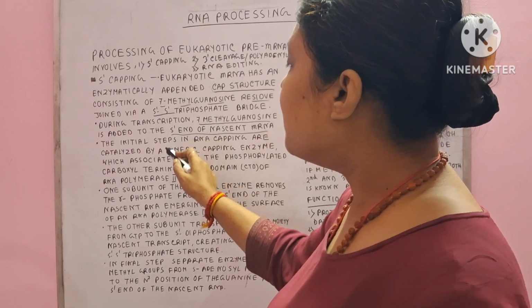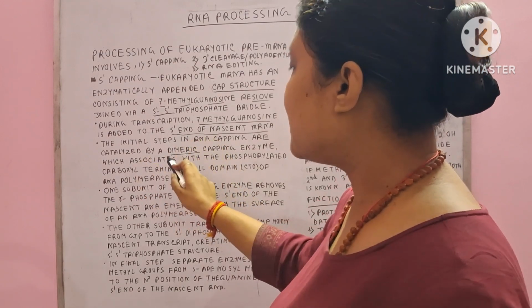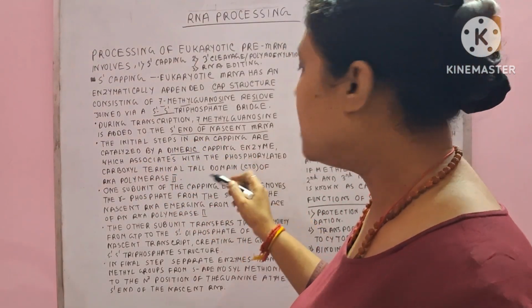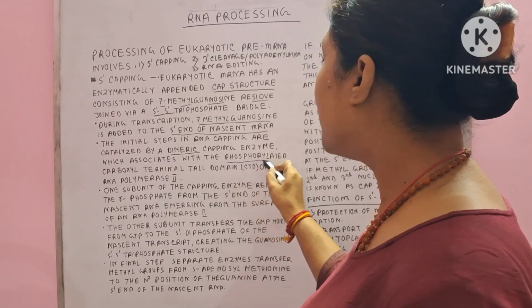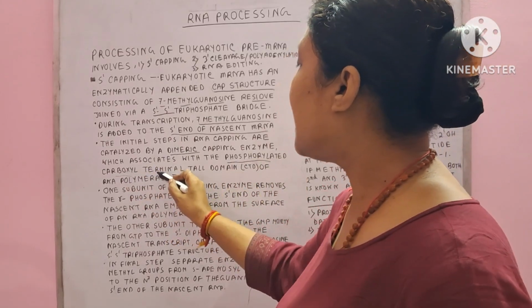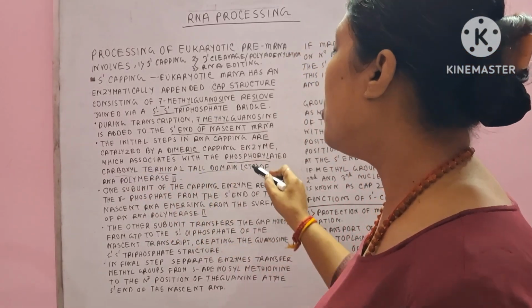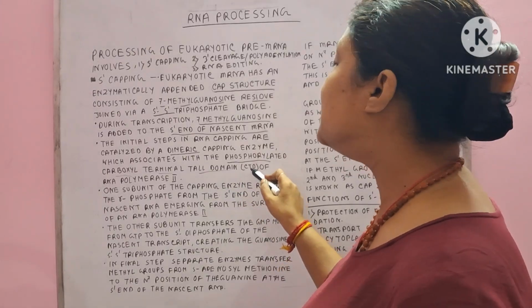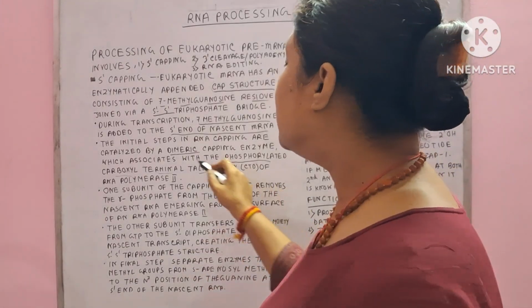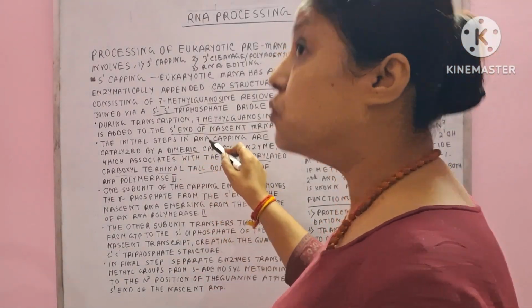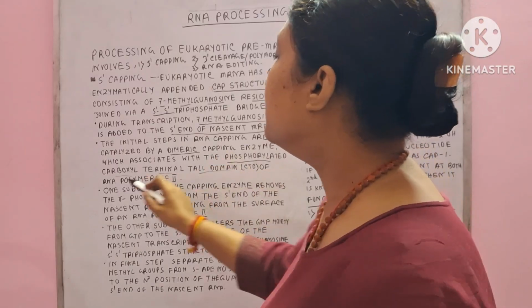So this dimeric enzyme is associated with what? It is associated with the phosphorylated carboxyl terminal domain, or in short form you can say CTD, and it is present in the RNA polymerase II.